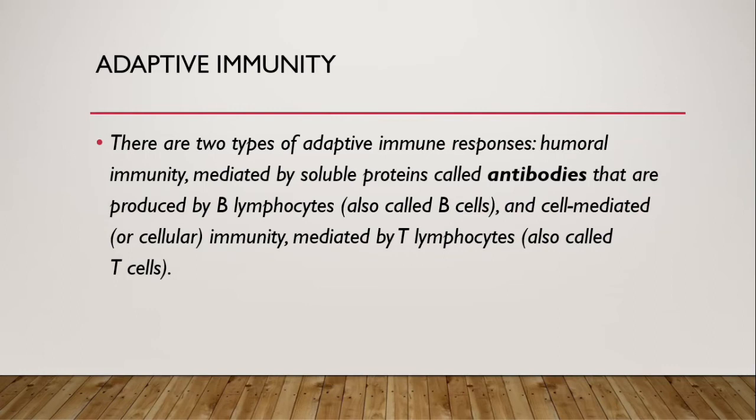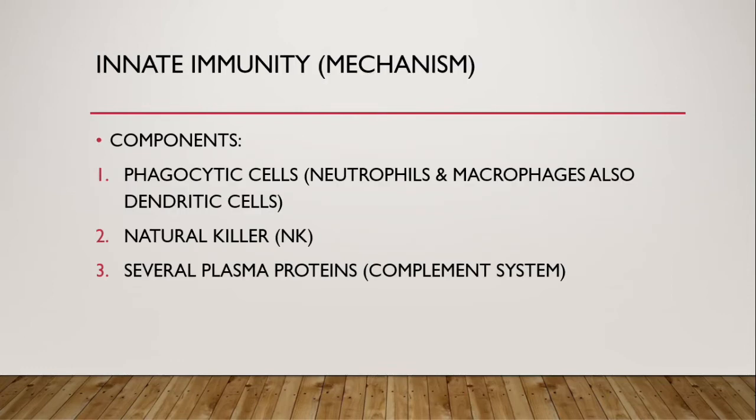So innate immunity, what is the mechanism of action of the innate immunity? The components of innate immunity are phagocytic cells that include neutrophils, macrophages, and also dendritic cells. These all are phagocytic cells. And there are natural killer cells that, when active, can kill many of the microbes directly by releasing toxins and many proteolytic enzymes.